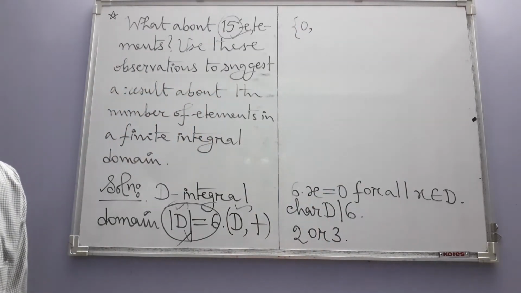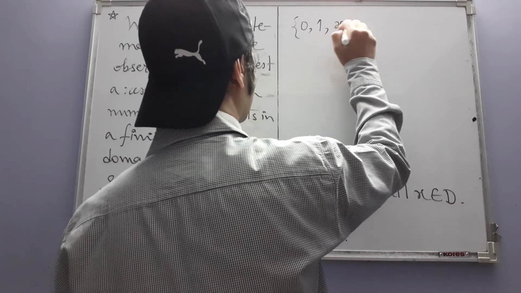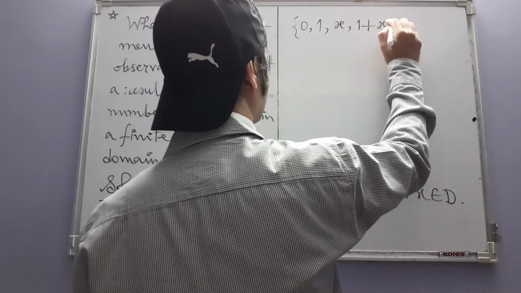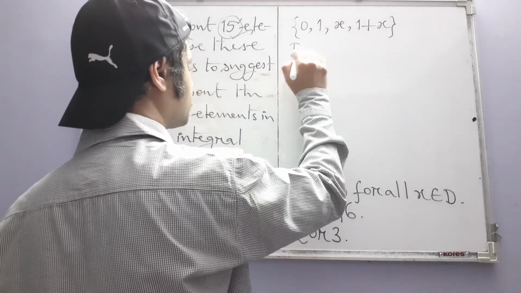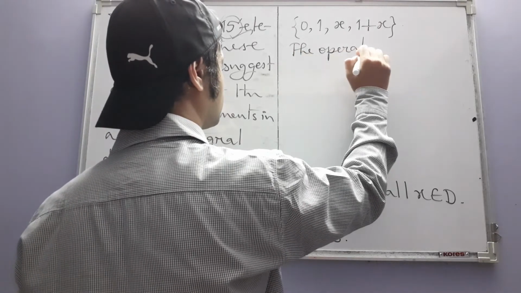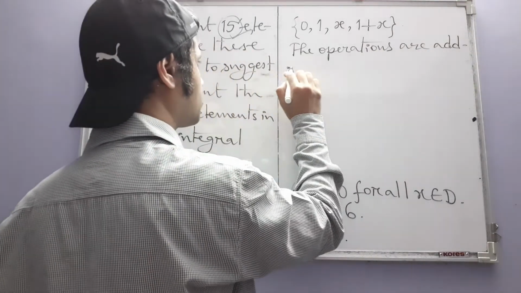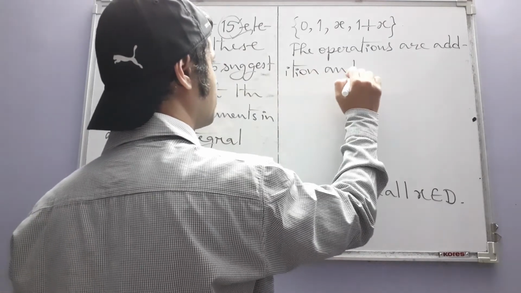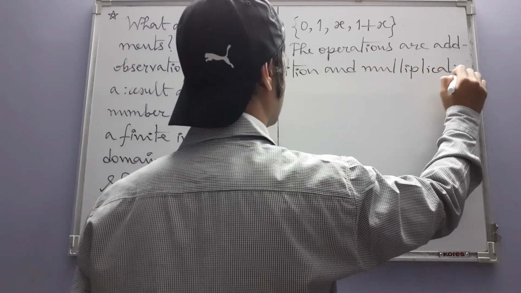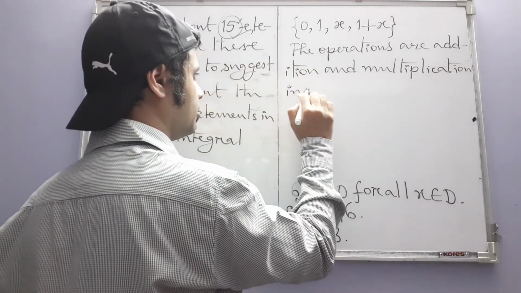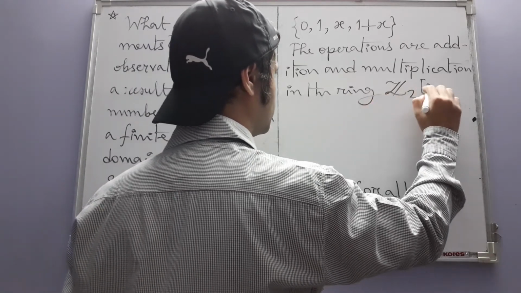Let me just show it as 4 elements. And the operations are addition and multiplication in the ring Z2[x].